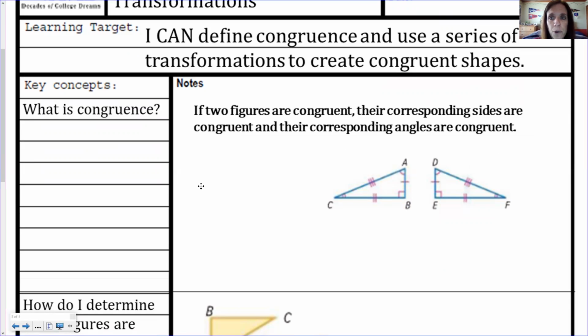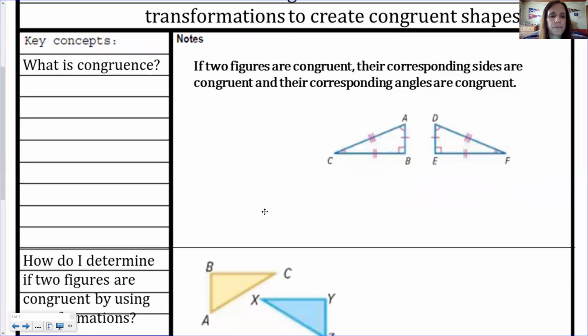And remember, the symbol for congruent is that little wavy line over the equal sign, or you can just write out the words "is congruent to" as well, if you can't figure out how to make that symbol on your computer in your notes. Angles with the same tick marks are then also congruent angles. Okay, and we looked at these triangles in detail in those notes we took a couple weeks ago.